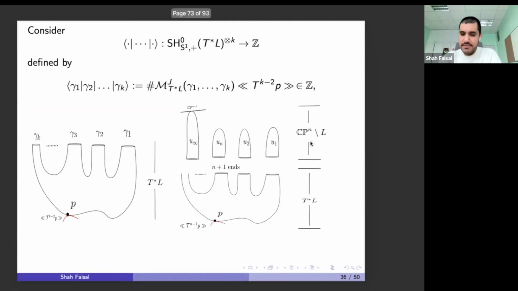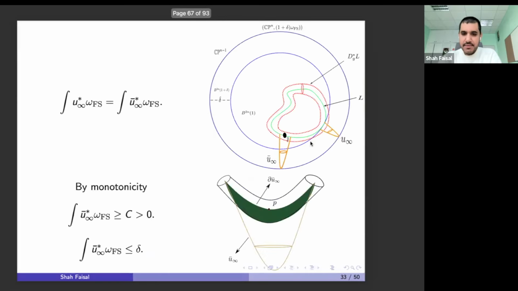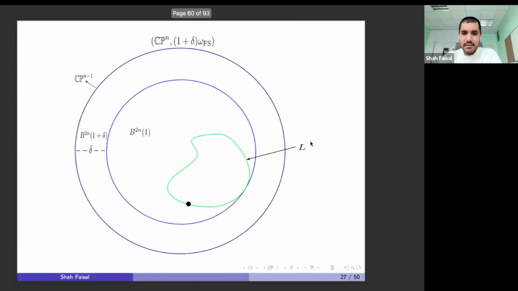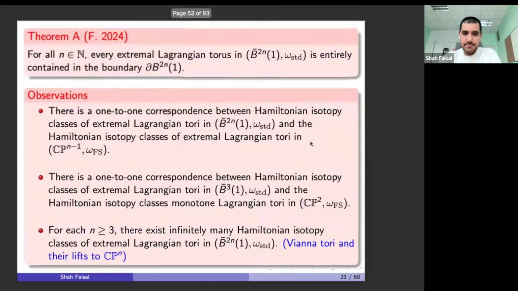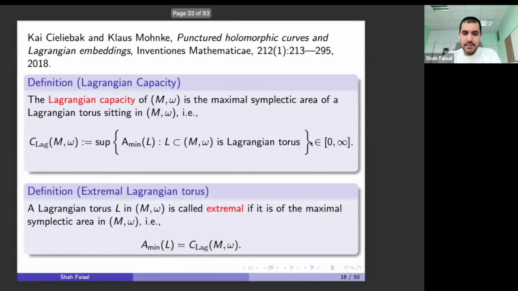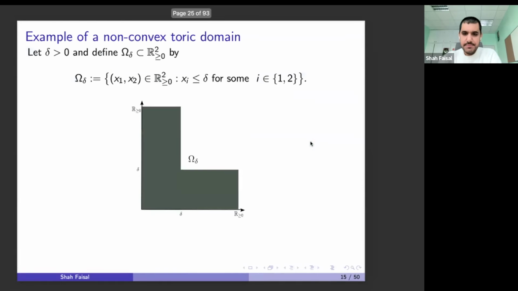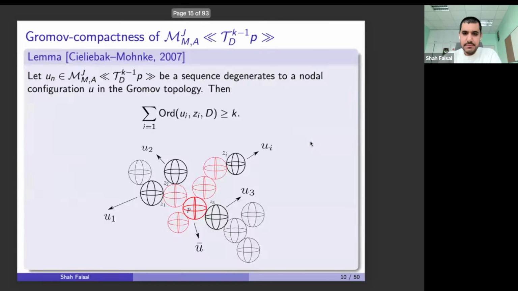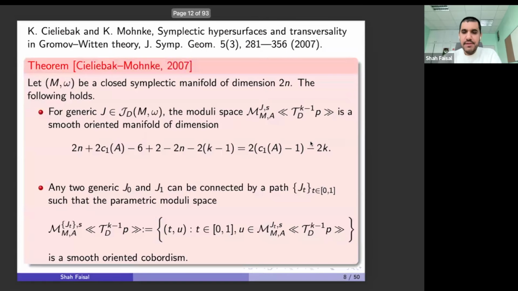It's not considered anywhere that I know, but I think it's doable. For example, maybe I go back to the theorem. Here, the moduli spaces will be regular, and yes, it would lead to that.